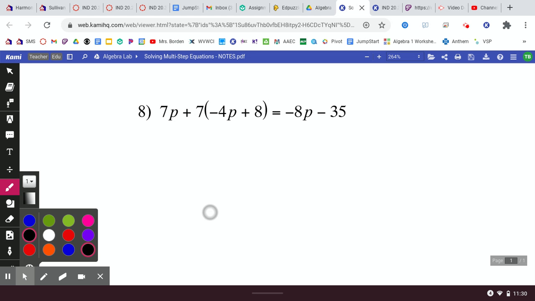So just always know that if there's parentheses, you always distribute first, then go to combining like terms. I'll give you a second to kind of get a jump on it and see what you think, and then we'll work through it.